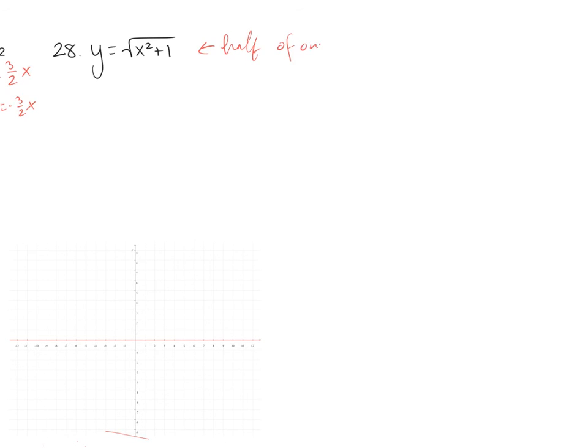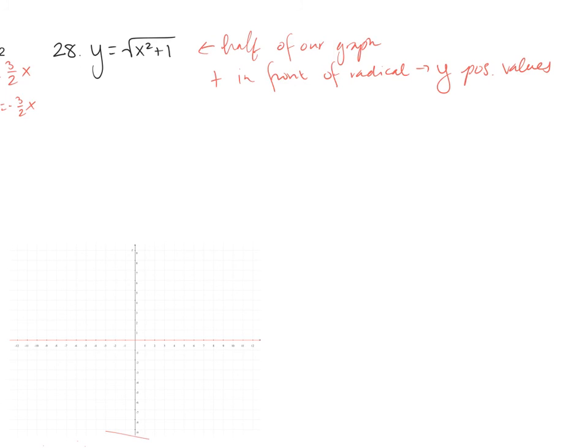Whatever our graph is, ellipse, parabola, circle, hyperbola, it's half. And then we also notice that it's positive in front of the radical, right? So we only want y positive values. It's y equals, all right?